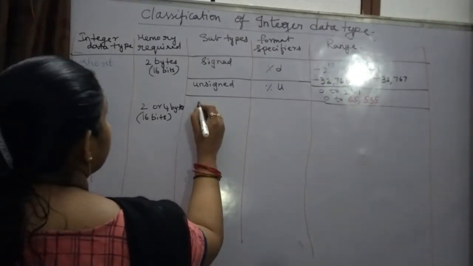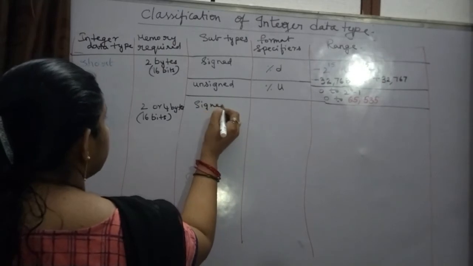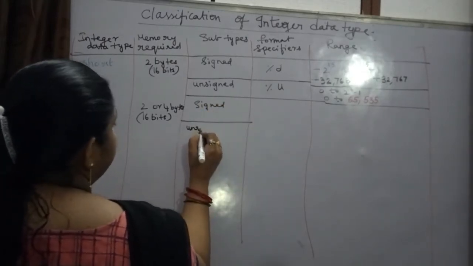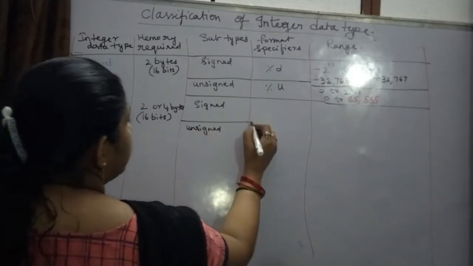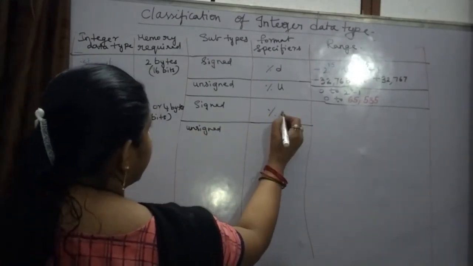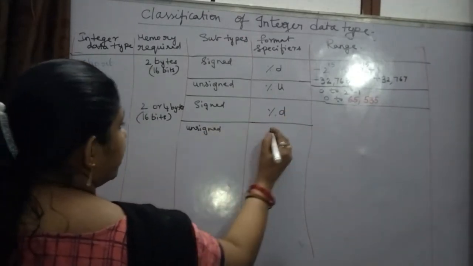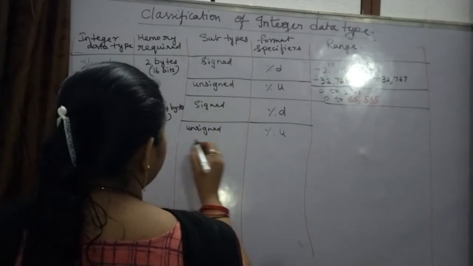Again, under this you have signed integer and unsigned integer. For signed it is percentile D, and for unsigned, percentile U.